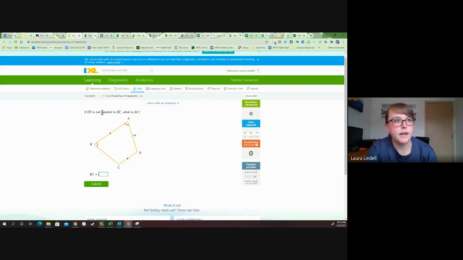It'll say something like DE is not parallel to BC. What is BC? So in this case, what sort of trapezoid are we dealing with? A regular one or an isosceles one? How might we be able to tell?